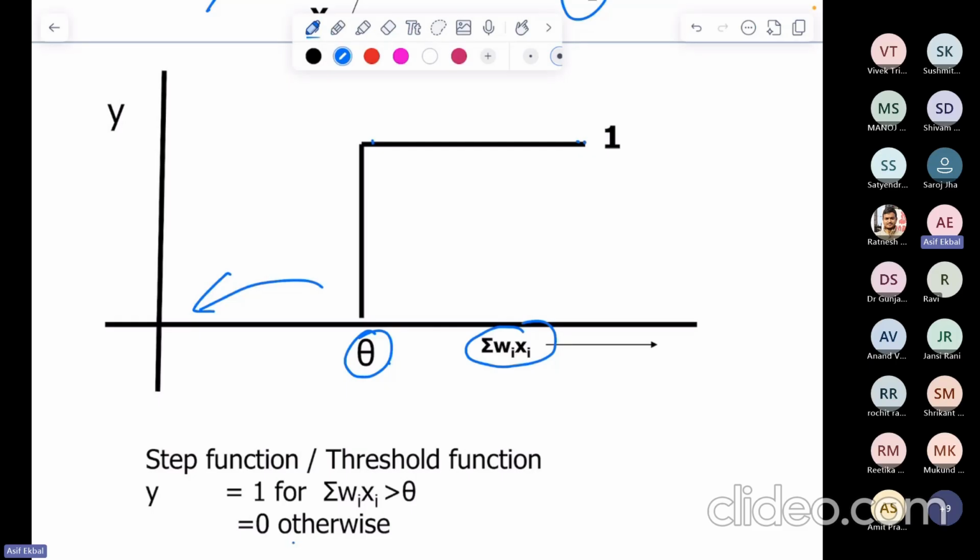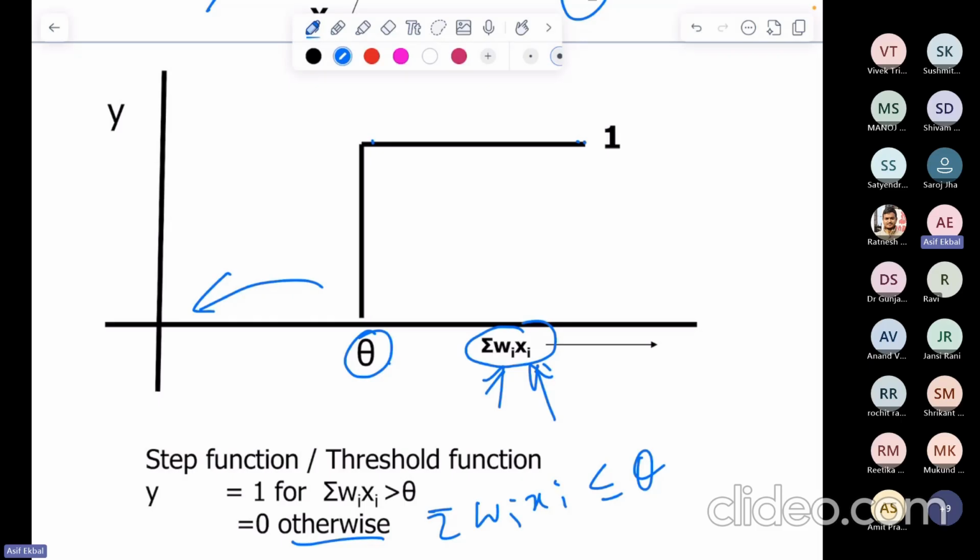So y is 0 if you find that the sum of Wi xi is less than or equal to theta. And what is this Wi? It is the weight, xi is the input, and you have done the weighted combination because you have captured all the information that you have.